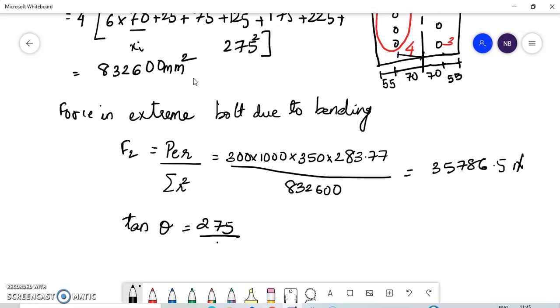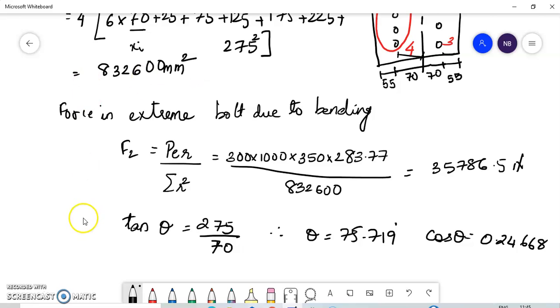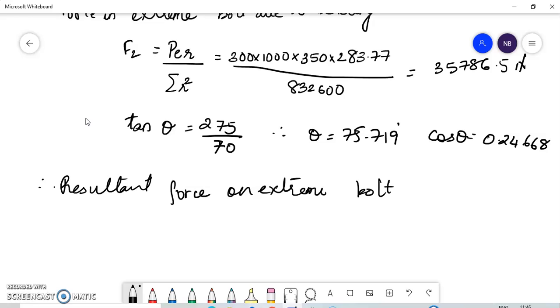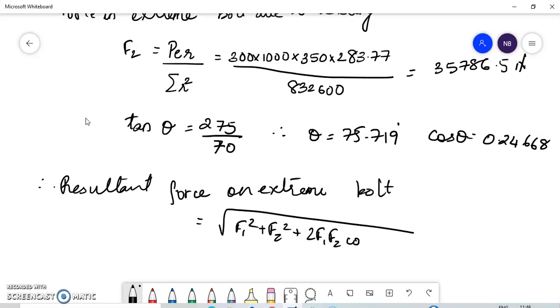Now tan of theta for the extreme bolt is 275 upon 70. Therefore theta is 75.719, and cos of theta will be 0.24668. The resultant force on the extreme bolt is given by under root of F1 square plus F2 square plus 2 F1 F2 cos theta.